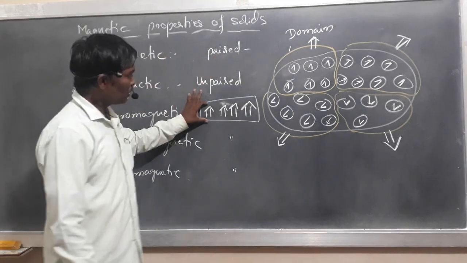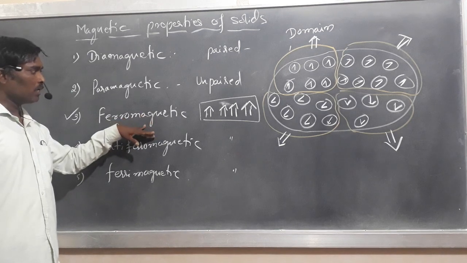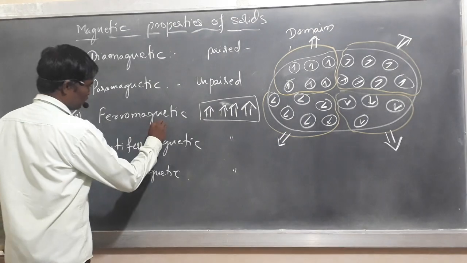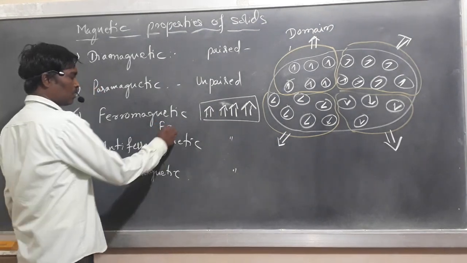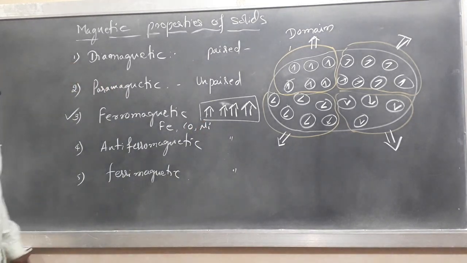So all these domains are oriented in one direction, therefore it also behaves like a permanent magnet. Examples are iron, Fe, cobalt, and nickel. So these are the ferromagnetic substances.